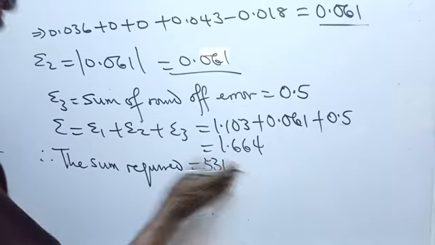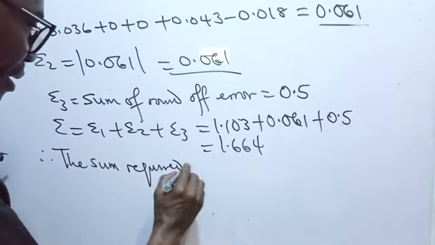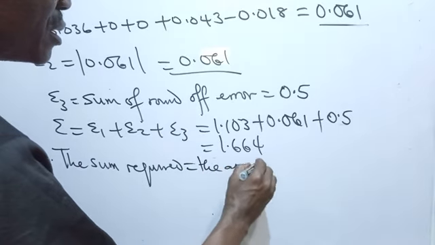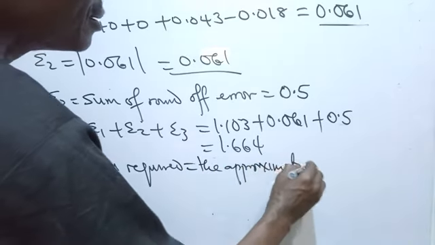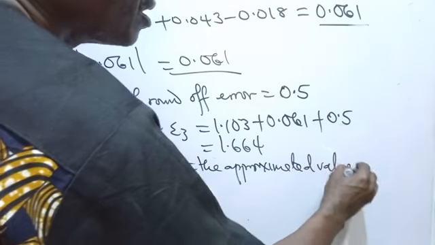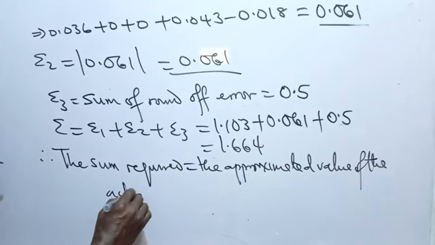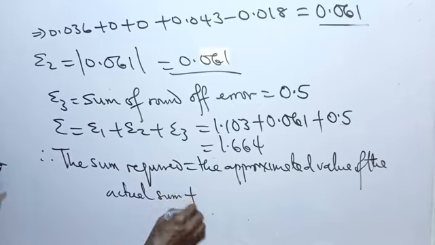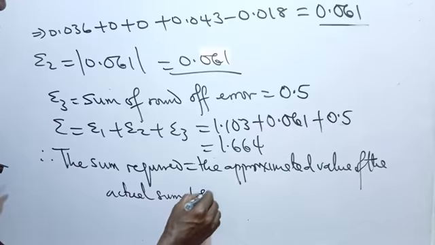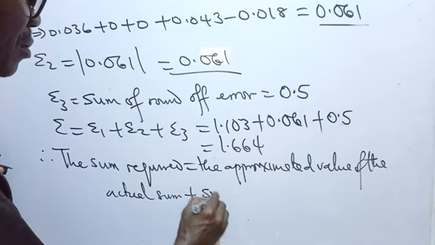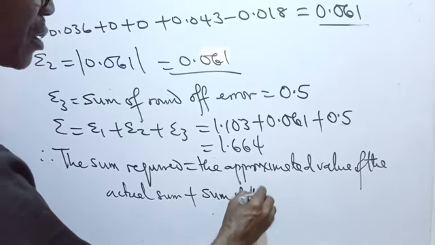The approximated value, let me write it like this: the approximated value is equal to the approximated value of the actual sum plus the sum of the errors.